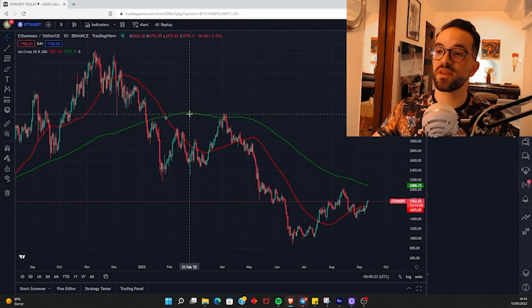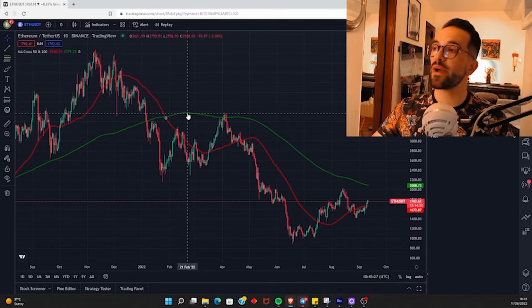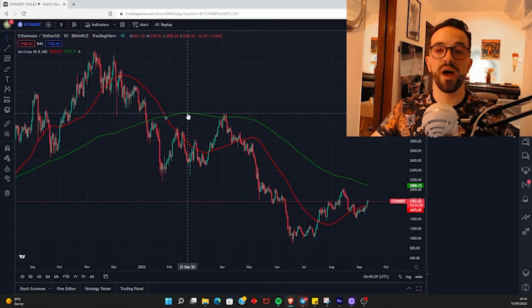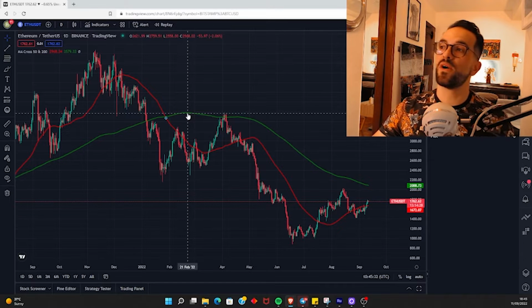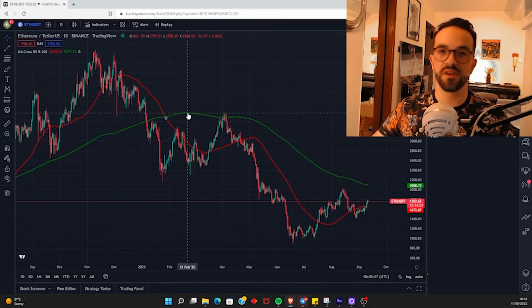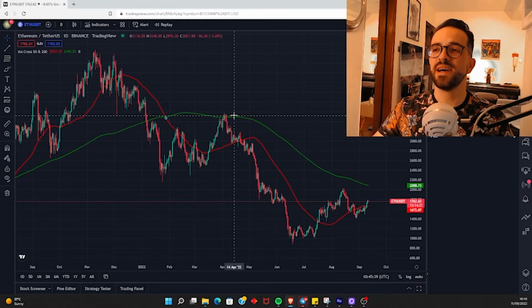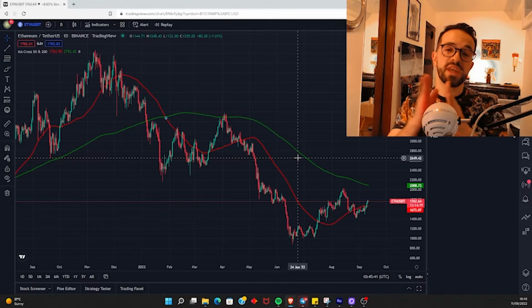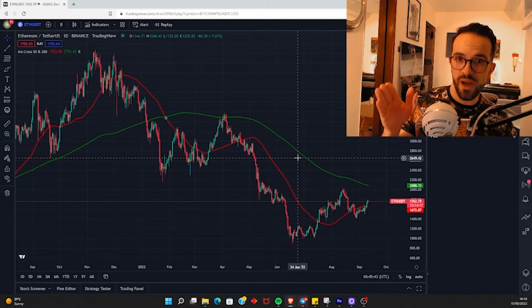If we come to this day, for example, the 21st of February, the average 200-day price on Bitcoin would be approximately 3,500. So basically, this moving average 200 represents the average price of the previous 200 days.